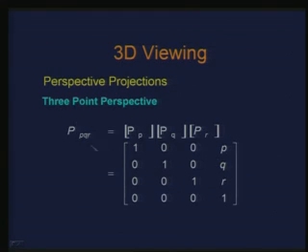Similarly, we can extend the idea to obtain 3 point perspective, where all 3 entries in the last column are non-zero, and this is again a concatenation of the 3 individual single point perspectives.